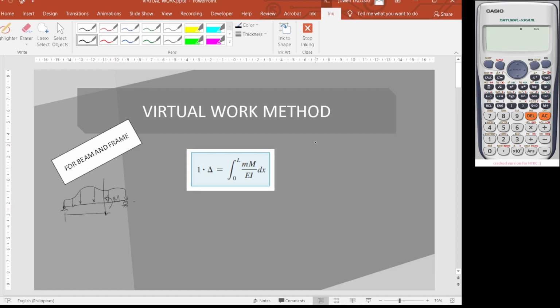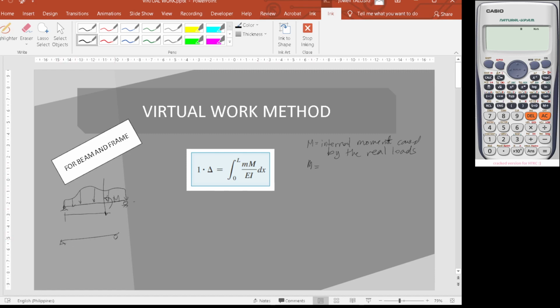So capital M will be the internal moment caused by the real loads.